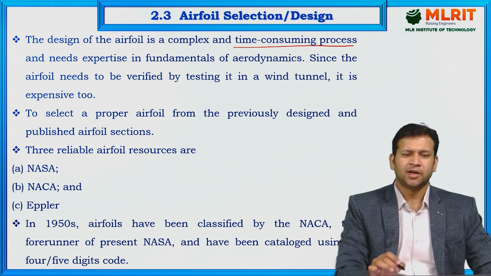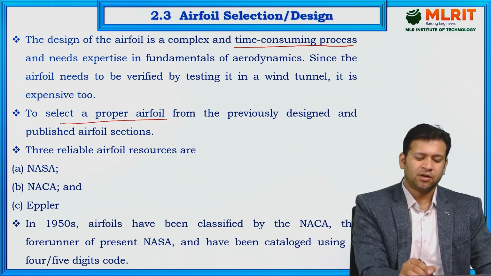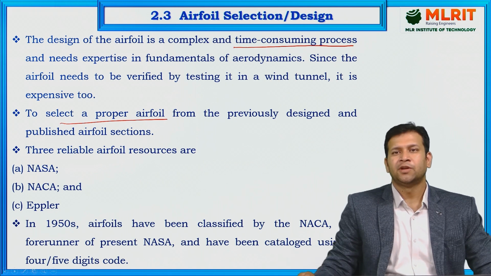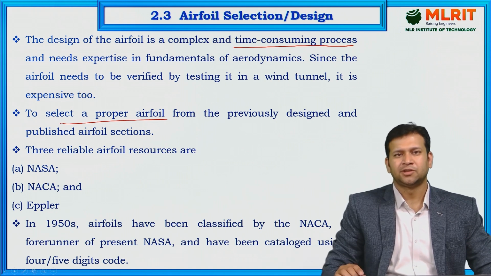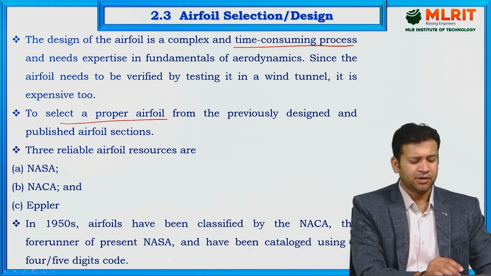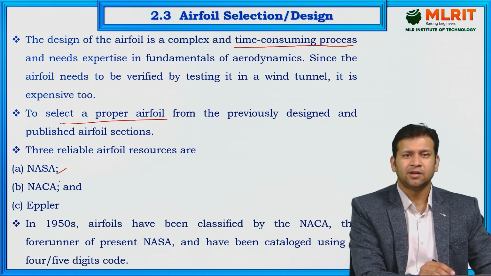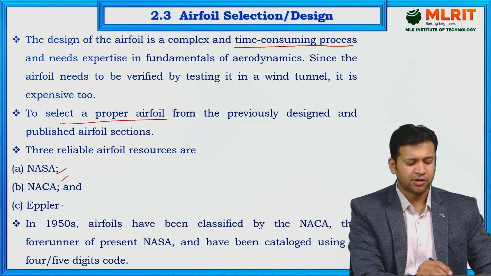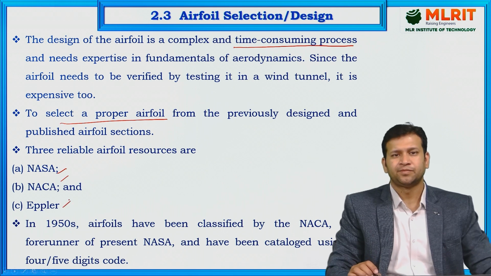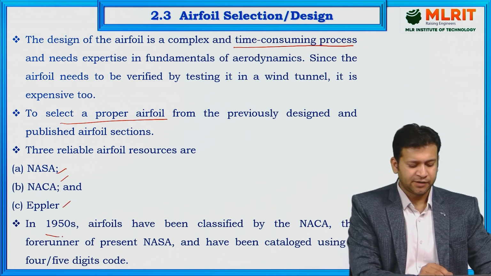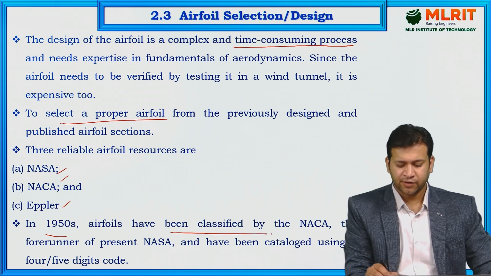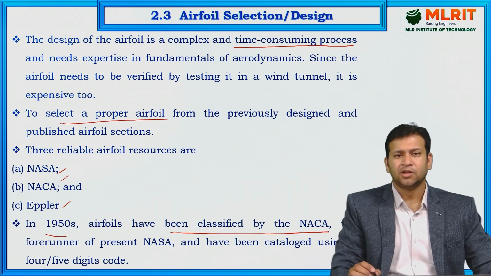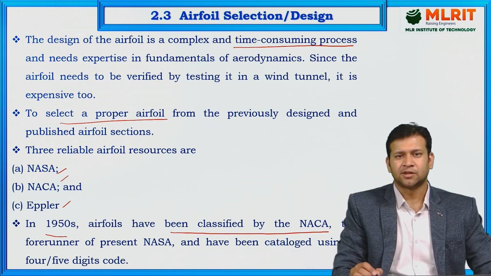In order to select a proper airfoil from previously designed and published airfoil sections, there are three reliable airfoil sources. The first one, NASA. The second is NACA airfoils, and the third one, Eppler airfoils. In the 1950s, airfoils were classified by the NACA, the forerunner of the present NASA.